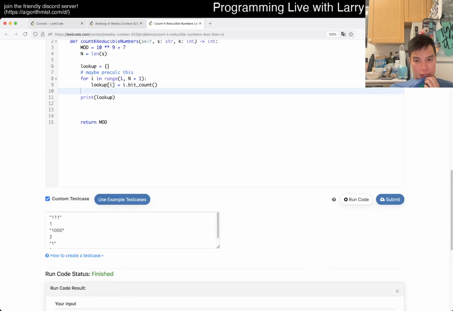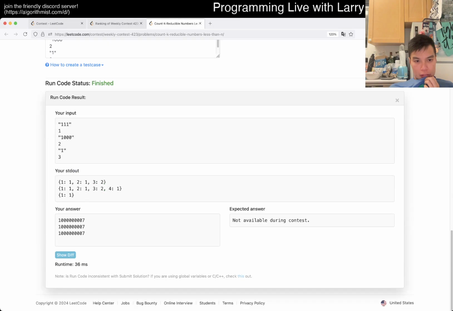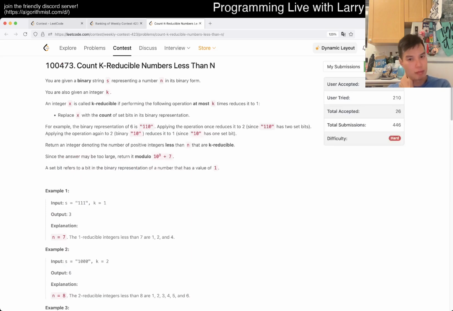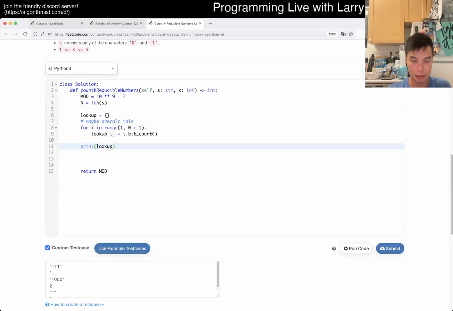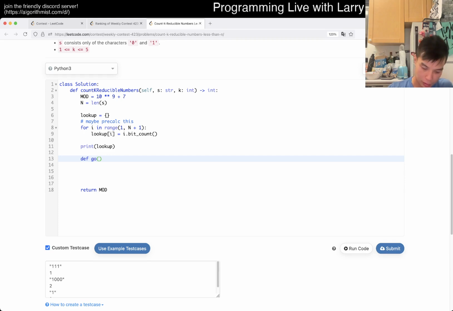And then what is a good way to do the bitwise operation? Yeah. So maybe it's going to be index, prefix, and that's maybe it.